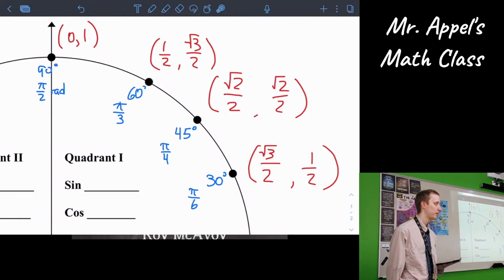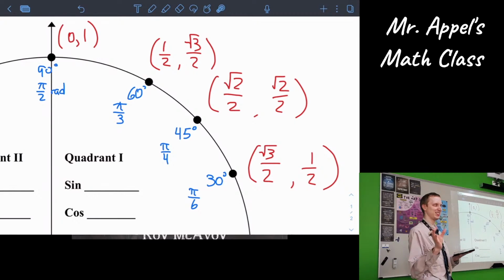Look at that. From knowing my special right triangles and just a couple rules, I can work out and recall that cosine of 30 degrees is square root 3 over 2. I haven't actually memorized that statement as is. I remember sine of 30 is a half, and so cosine must give me the other one.